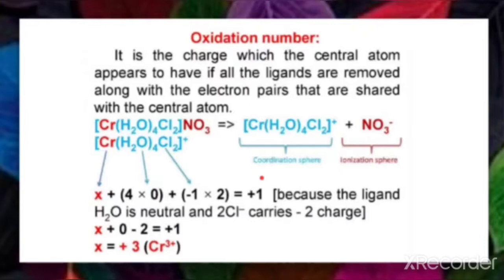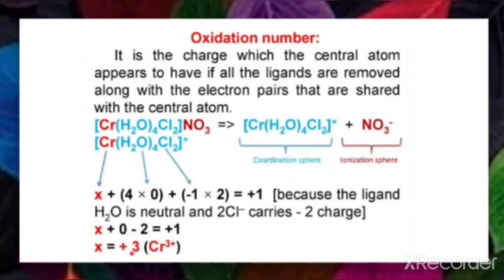Here we have given 0 for the water because it is a neutral ligand, and for Cl, negative, that is minus 1 for 1 Cl. So 2 Cl have minus 2 charge. Now when you solve this, we get plus 3. So plus 3 is the oxidation number for the central metal ion, the chromium ion here.